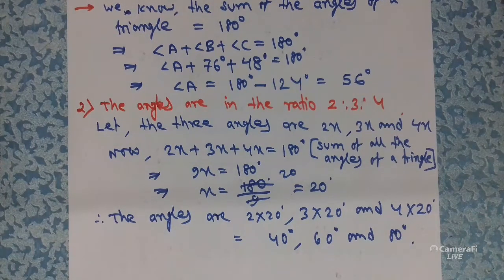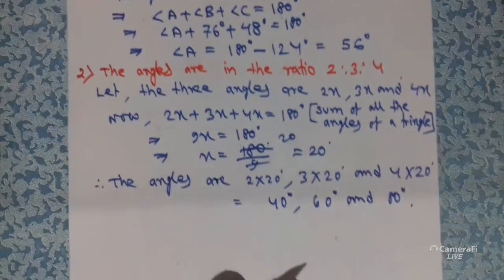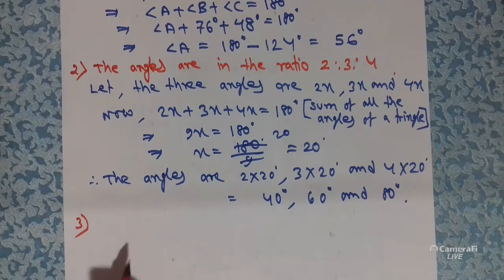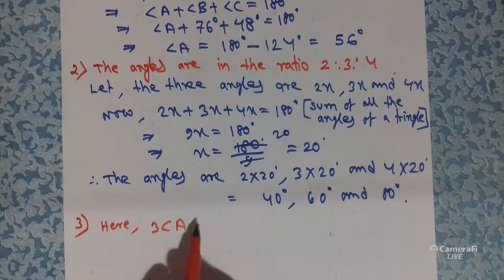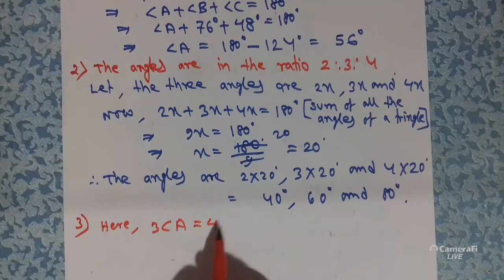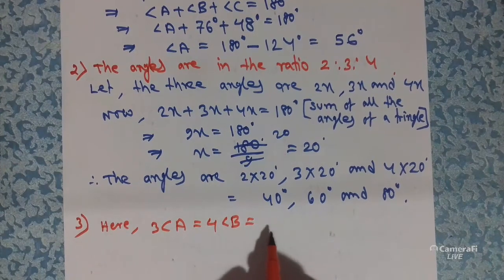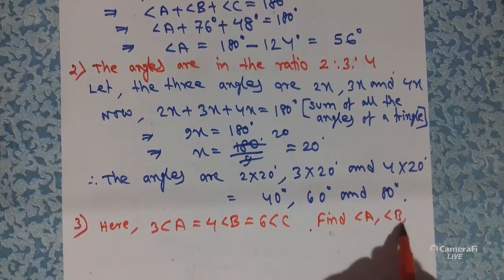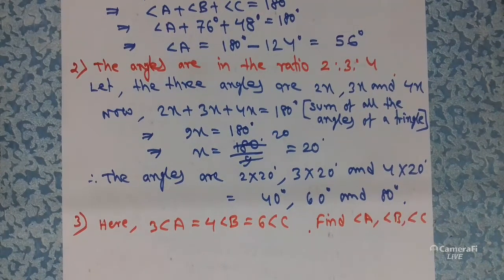Okay, next, problem number 3. In triangle ABC, it is given that 3 angle A is equal to 4 angle B is equal to 6 angle C. Now we have to find angle A, angle B and angle C, the values of the three angles.